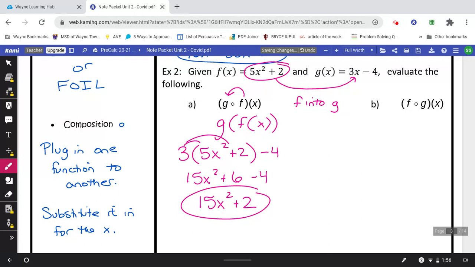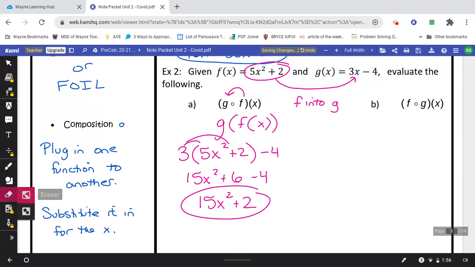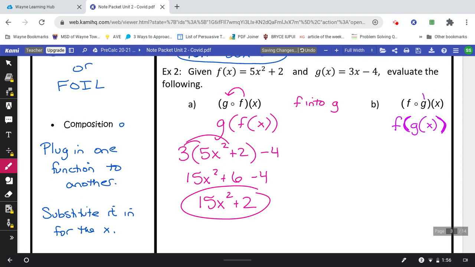We're going to use those same two functions, except we're going to plug them in the opposite direction. This means f of g of x. So notice how the g is inside the parentheses of the f. So g is going to go inside f. G will go in for that x.